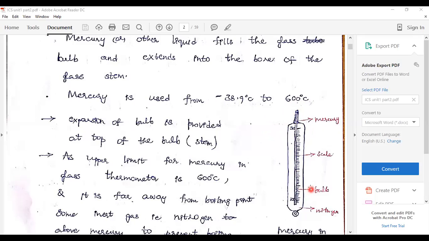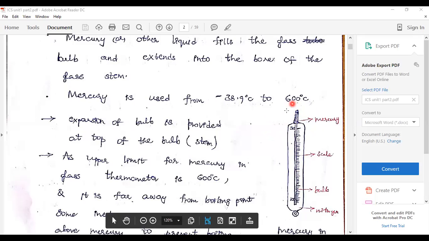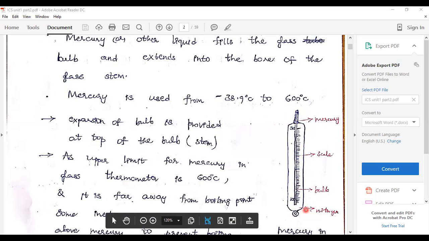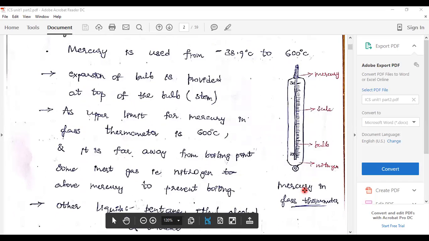This is the scale, and inside this thermometer, nitrogen gas is filled. This is the basic one.